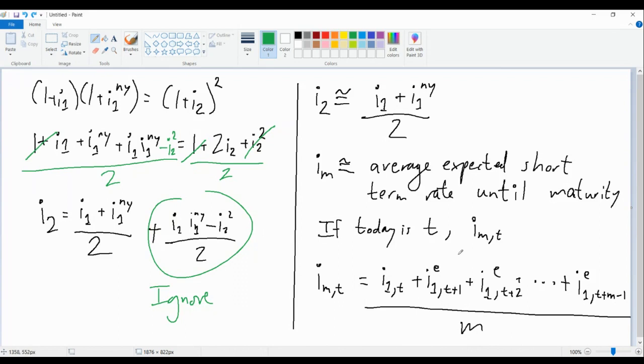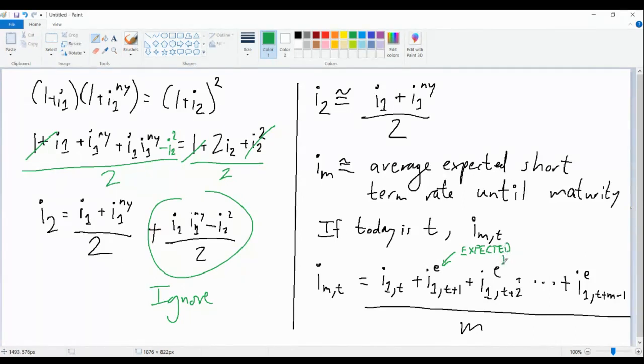Of course, next year hasn't happened yet, so the E represents that this is your forecast. This is what you expect the interest rate to be. Same here. This one is the 1-year rate in 2 years that you currently expect.